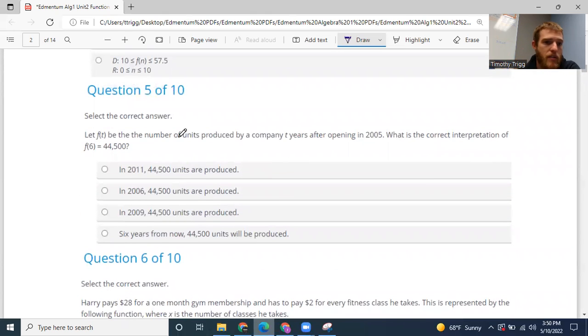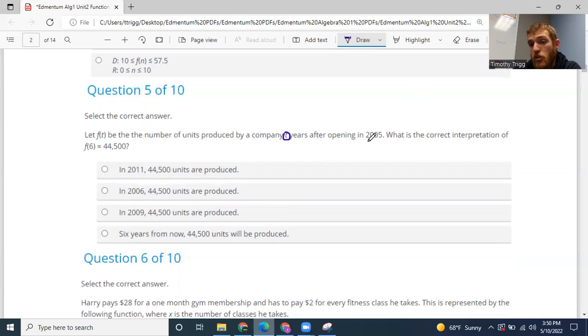Question 5 in the practice. Let f of t be the number of units produced by a company t years after opening in 2005. What is the correct interpretation of f of 6 equals 44,500? Well, this 6 represents the t, so that's our input.